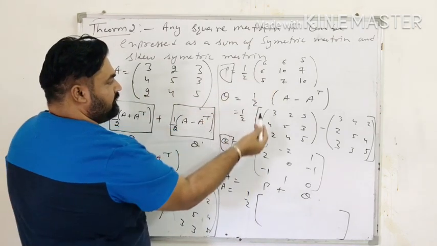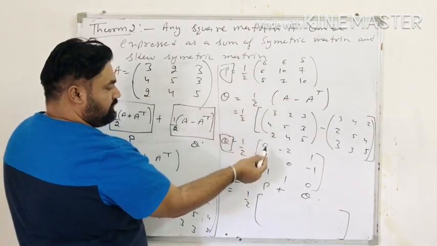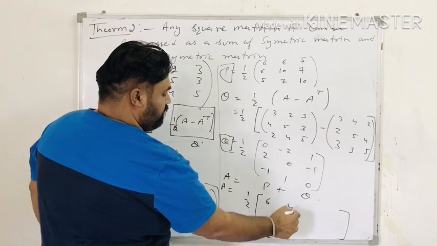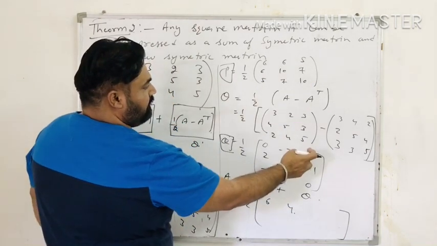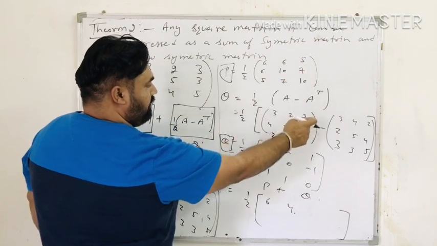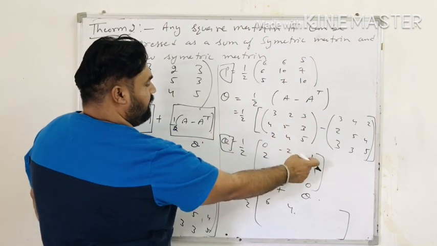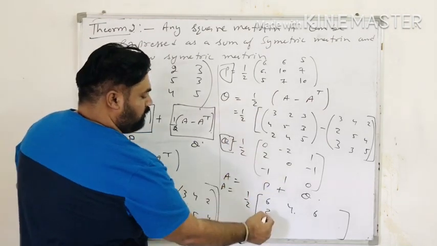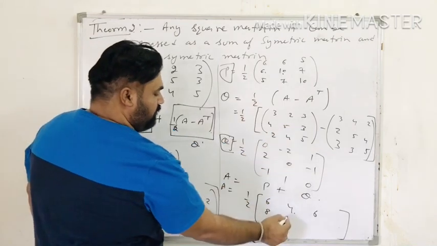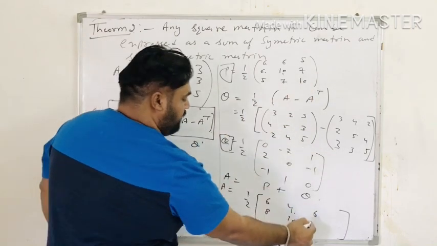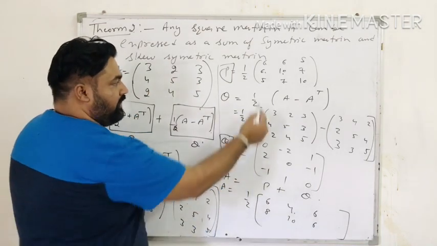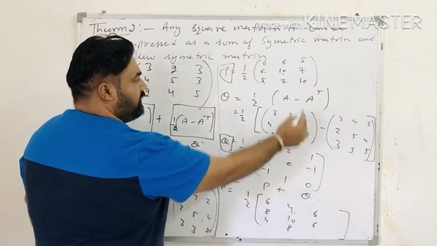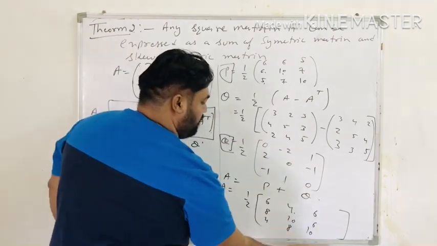So 6 plus 0, 6; 6 plus 6 minus 2, 4; 5 plus 1, 6; again 6 plus 2, 8; 10 plus 0, 10; 7 minus 1, 6; again 5 minus 1, 4; 7 plus 1, 8; 10 plus 0, 10.